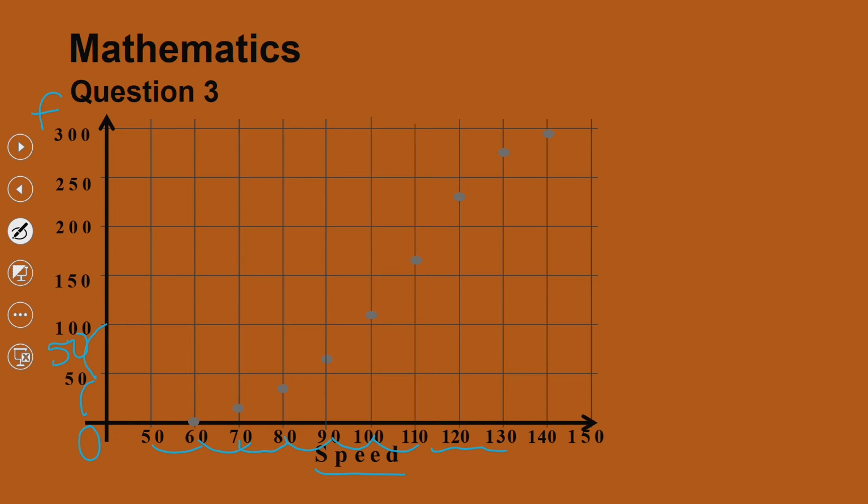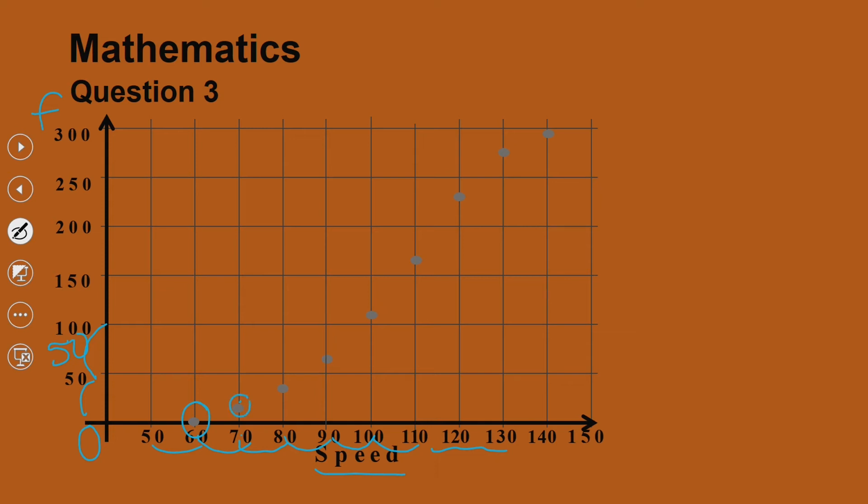Now, very important as well, we start by plotting. When we plot the first part, we remember that from 50 up to 60, we plotted the point 0. From 60 up to 70, we had the point, yes, 12.